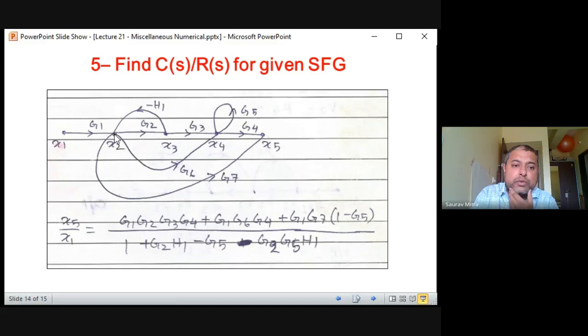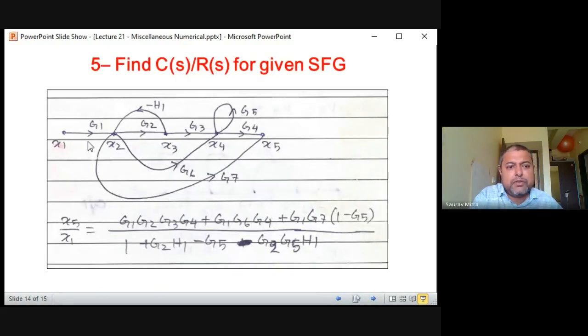And this X2 node is also common between this forward path and the first loop. That means both these loops are touching the forward path at least at one node. That means for this G1, G6, G4, delta 2 will be equal to 1, because this forward path is touching all the nodes.